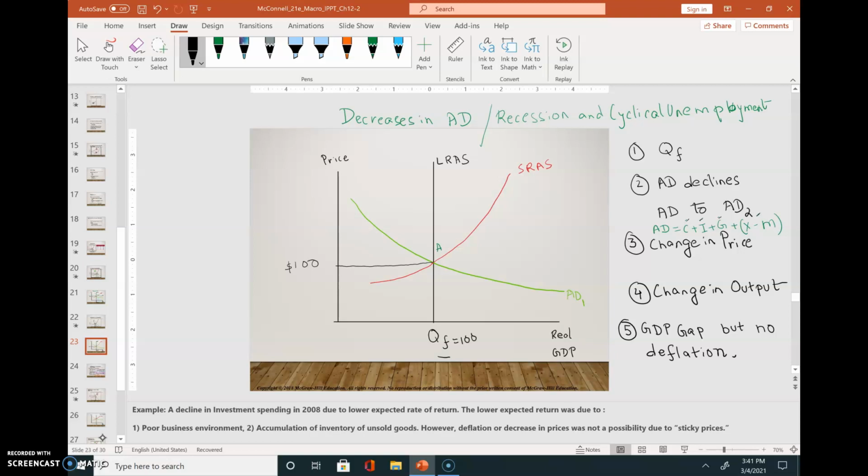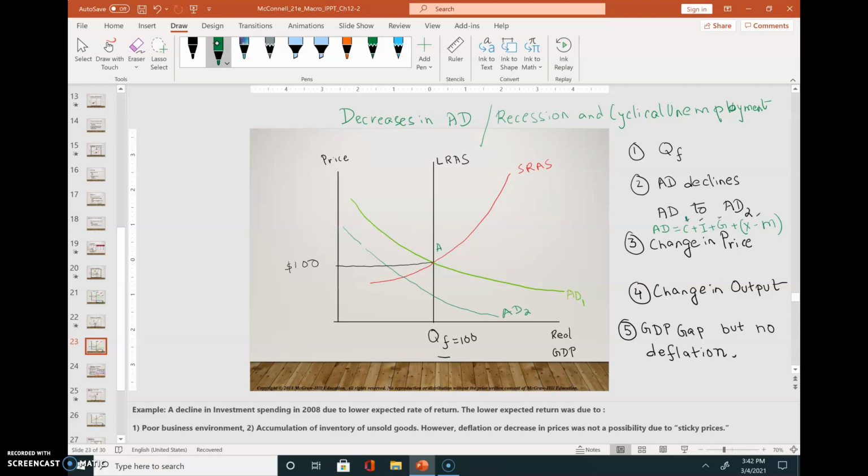There was unsold inventory of goods, and the business environment was not so good. So this led to the aggregate demand curve shifting to the left. Here, we shift the aggregate demand curve from AD1 to AD2.